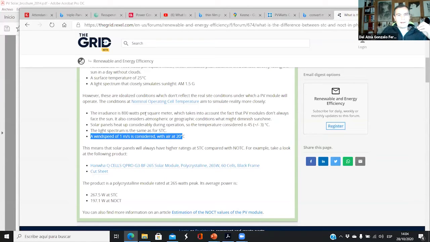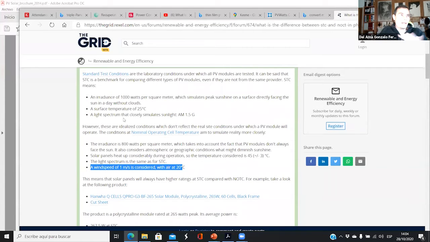We have to consider that there might be cloudy days, there might be wind, and if the temperature of the cell is above 70 or 72 Fahrenheit, it reduces its energy production. The NOCT conditions are more likely to happen. We can say, let's make the calculations with the best conditions ever, but that will happen only a couple of seconds per year, so it's not feasible.